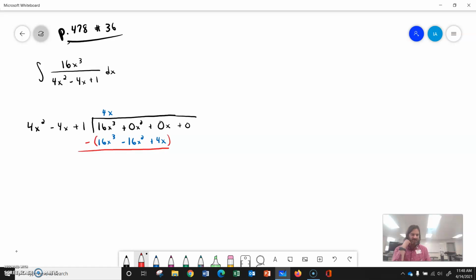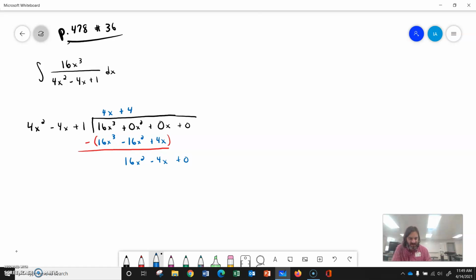Let's double check there. Yep, so then when it comes down we will have 16x squared minus 4x plus 0. And what do you know? 4x squared will go into 16x squared. That will go in 4 times, so 4x plus 4.